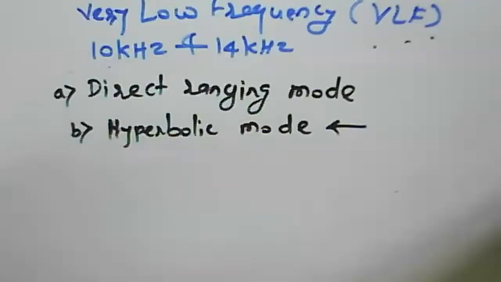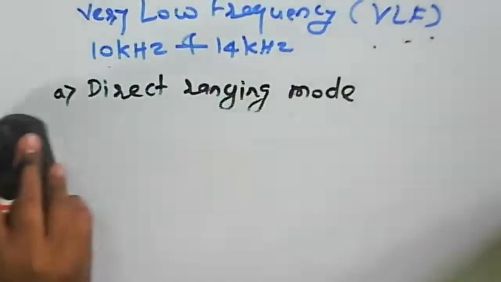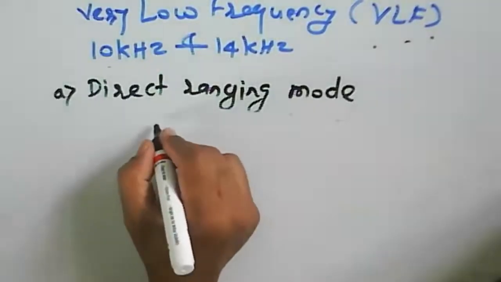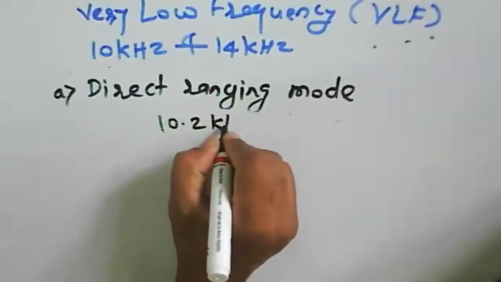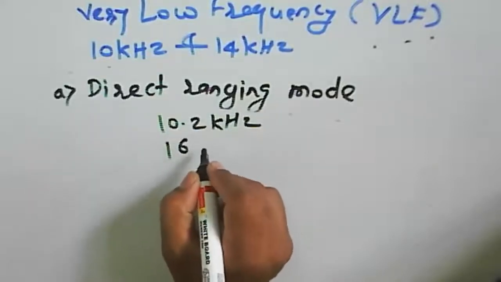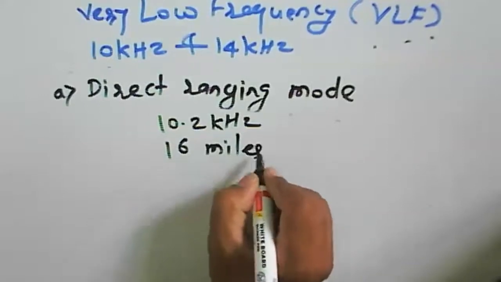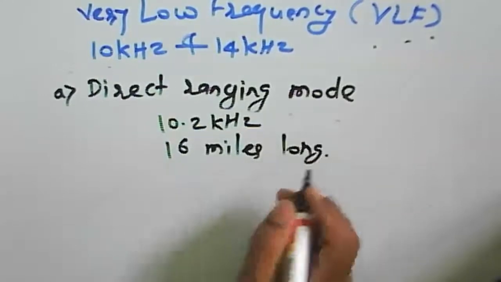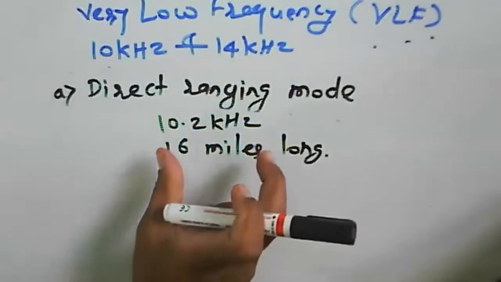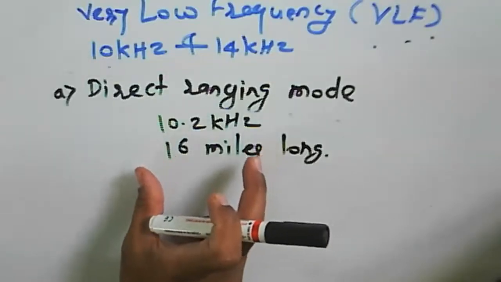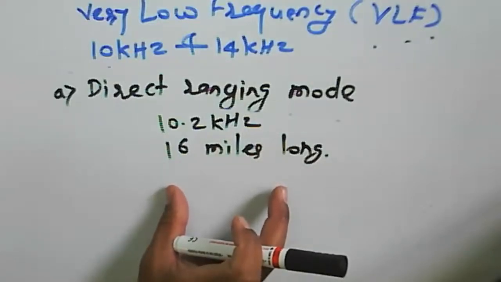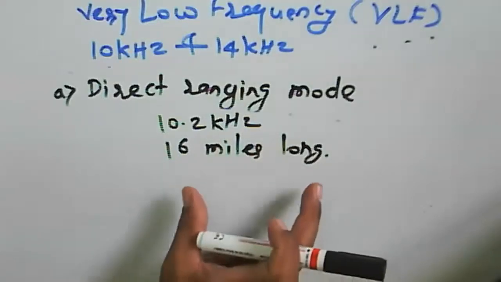In the direct ranging mode, the operating frequency is the Omega wavelength at 10.2 kilohertz, which is approximately 16 miles long, and that wavelength defines the width of each Omega lane.